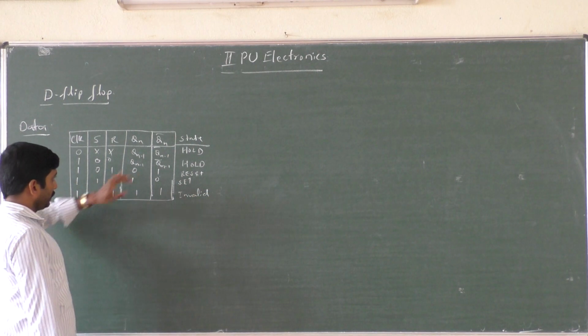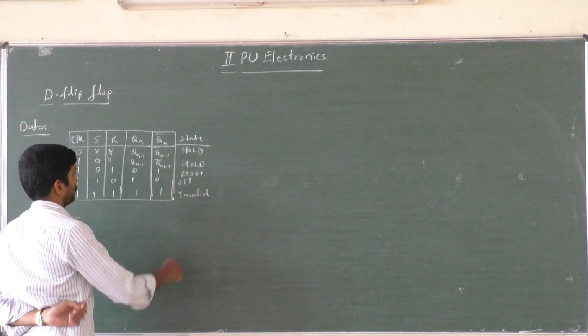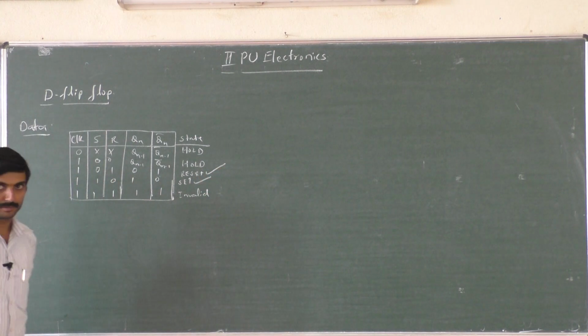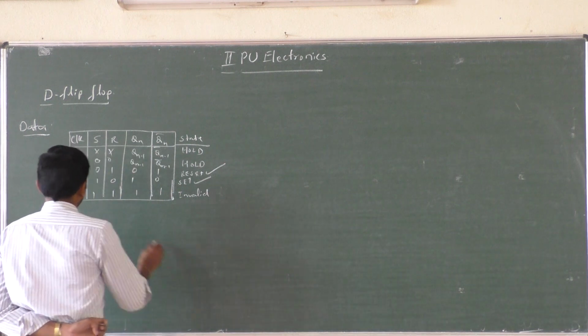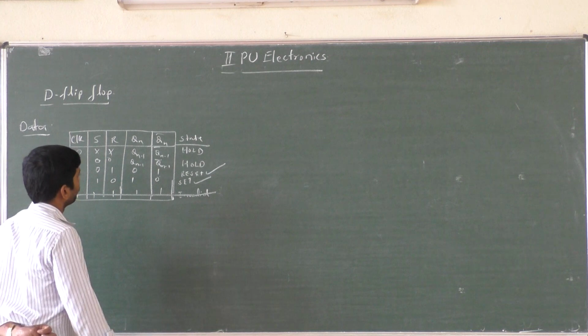So here we have 5 states. Out of 5 states, desirable are reset and set. They are mainly the required states, and invalid states are undesirable.